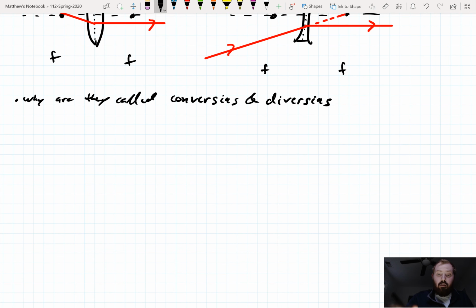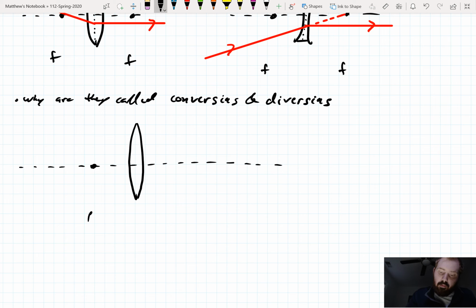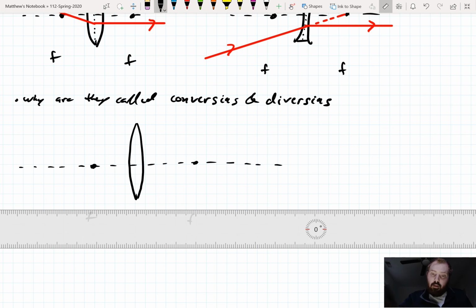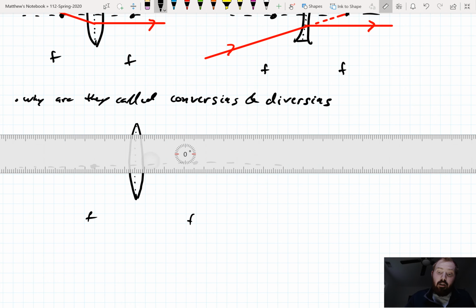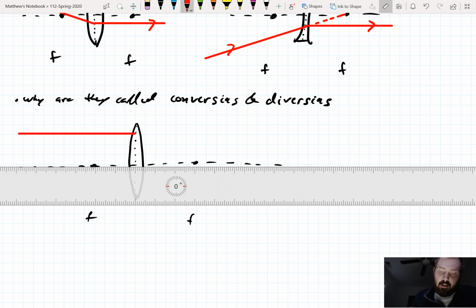Well, let's do a converging one first. Make this nice and big. So let's shoot in nice parallel rays. Let's say we've got a nice bright laser source here. So we shoot in our rays nice and parallel.